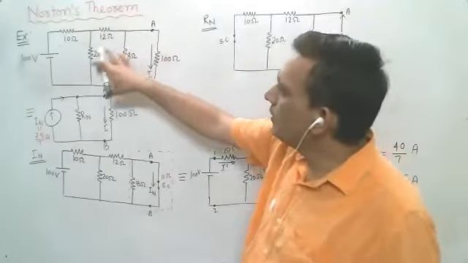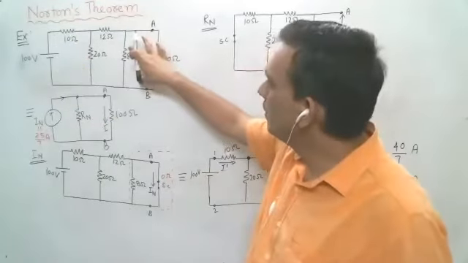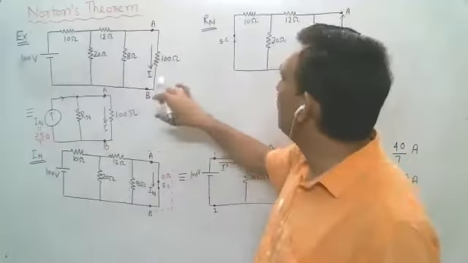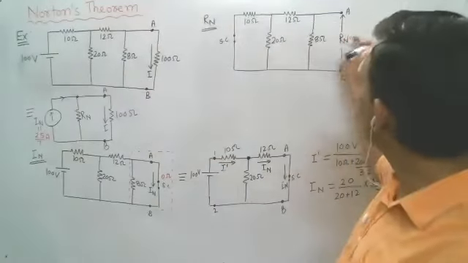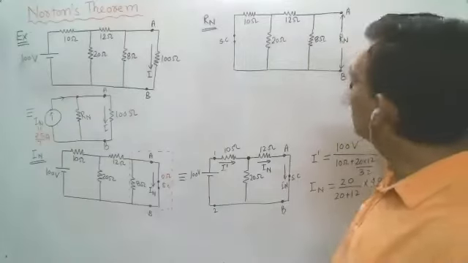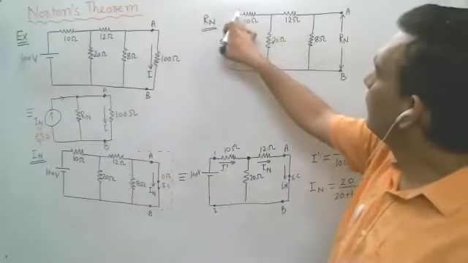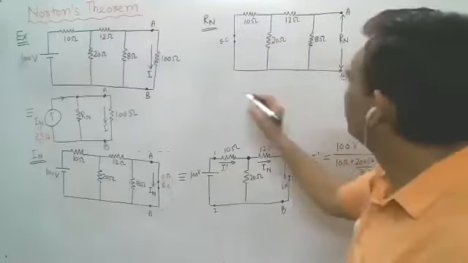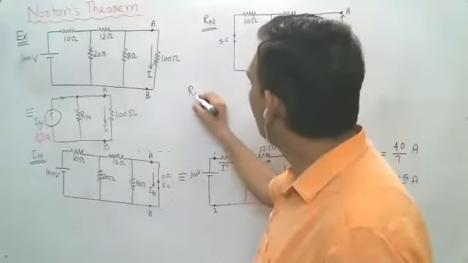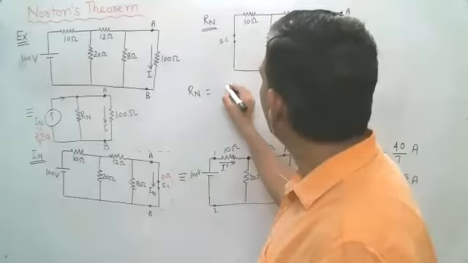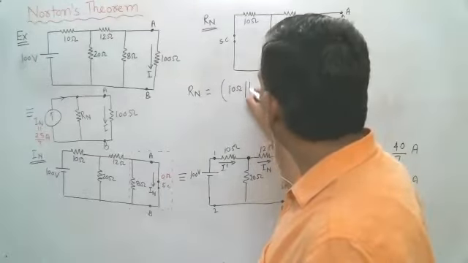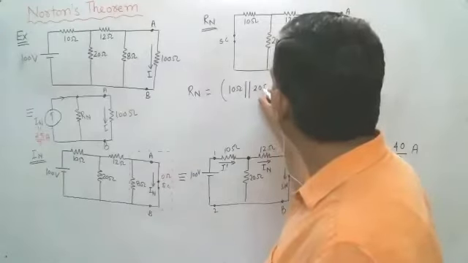This is the equivalent. Short the voltage source, open the 100 ohm resistance and measure the equivalent resistance. Now you can see, if you measure equivalent across A, B, these two are in parallel. What will be Rn here? Rn will be, first you have to consider 10 ohm parallel with 20 ohm.